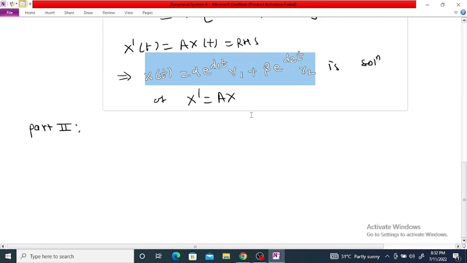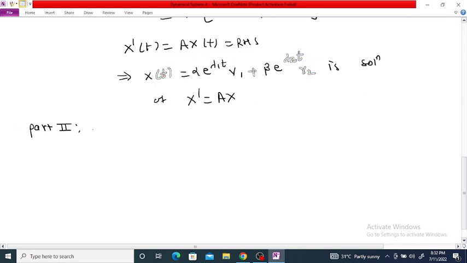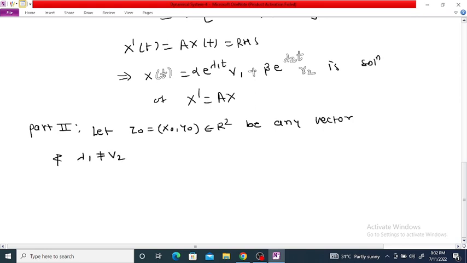Okay, so now let z0 is equal to (x0, y0), where (x0, y0) belongs to R squared, be any vector, and since lambda 1 is not equal to lambda 2, this implies v1 and v2 are linearly independent.